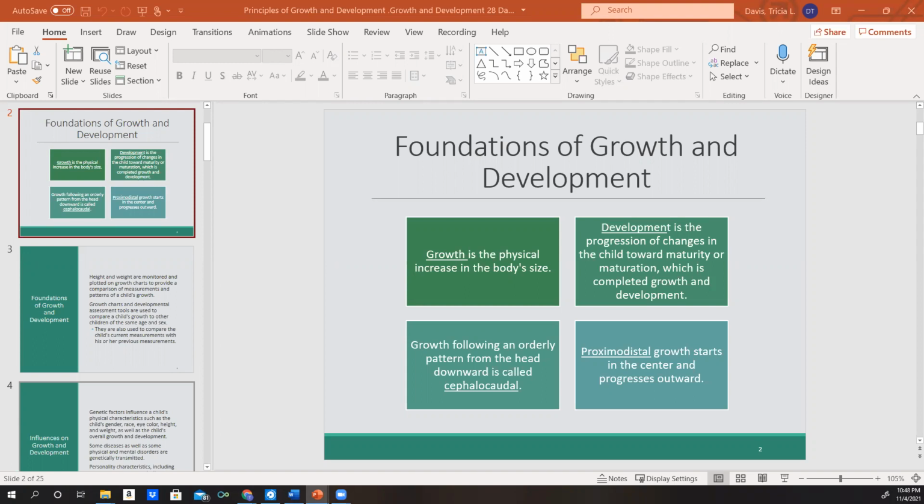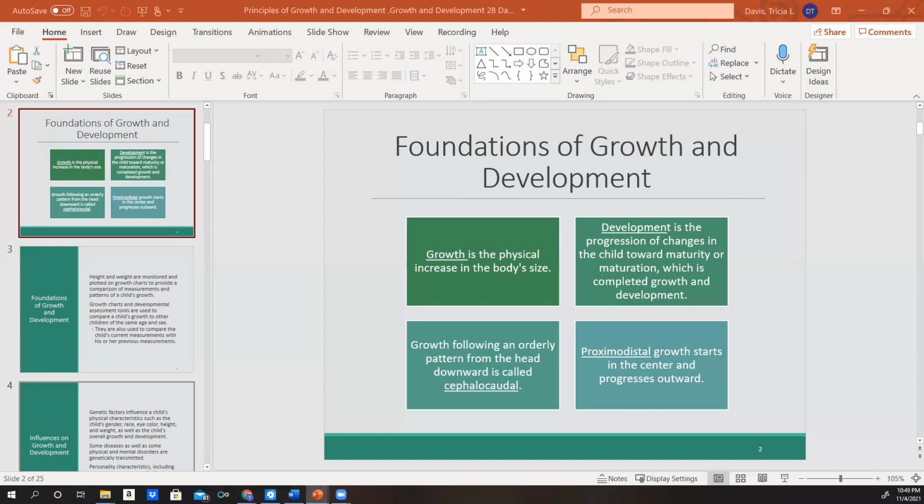The definition of growth is the physical increase that we see in the body's size and appearance, basically caused by the increasing numbers of new cells that the body is making. The development is the progressive change that occurs in that child towards maturity or maturation, which will then complete their growth and development.